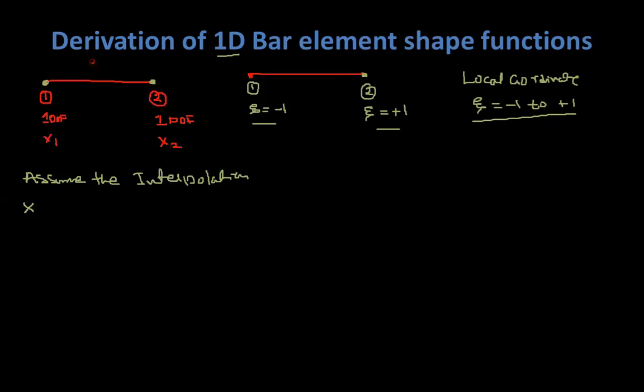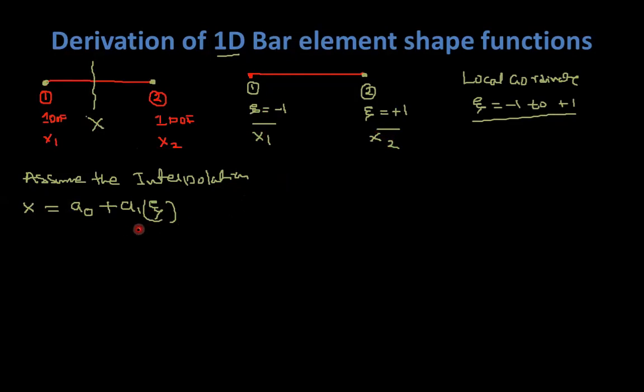For variable x we can assume it is equal to a naught plus a1 zeta, in terms of zeta, so that at nodal number 1 x becomes x1, and at nodal number 2 x becomes x2.